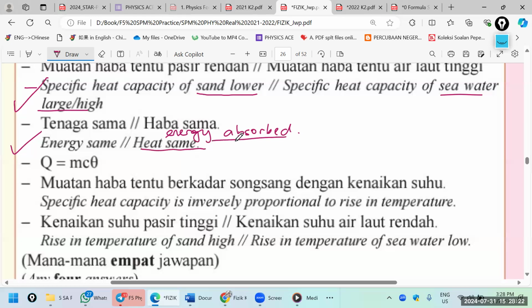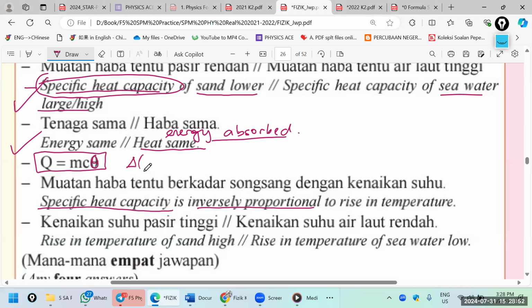And then if there is any formula or name, you write it down. Since you say specific heat capacity, then you mention the formula. You mention the formula sometimes, not every time, but sometimes for marks. Then you tell the relationship: specific heat capacity is inversely proportional to delta theta, the change in temperature or rise in temperature.